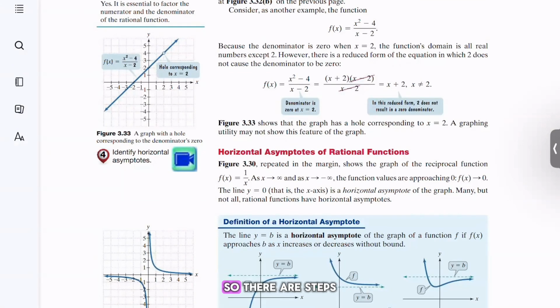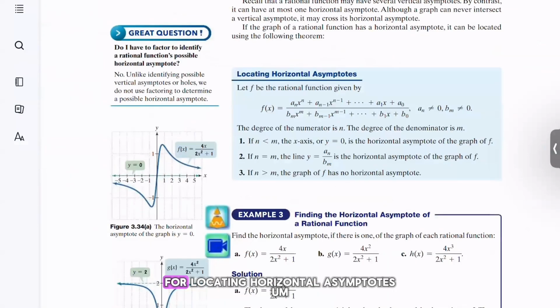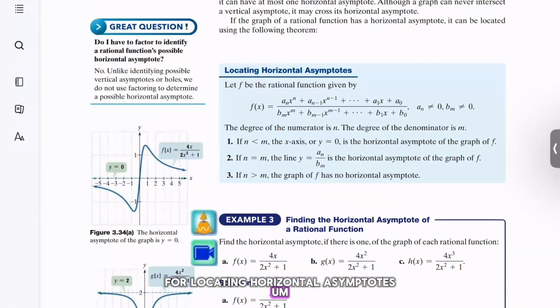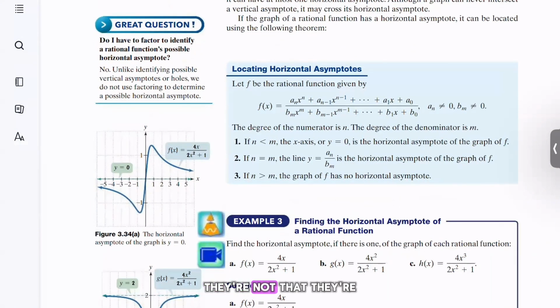So there are steps for locating horizontal asymptotes. They're not as important as vertical ones. And it just depends.